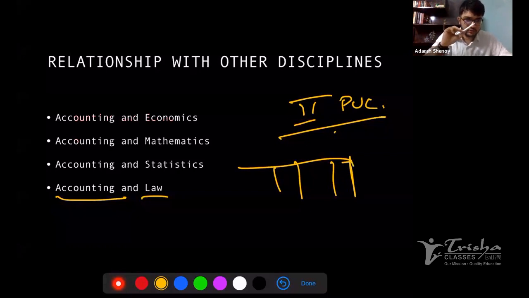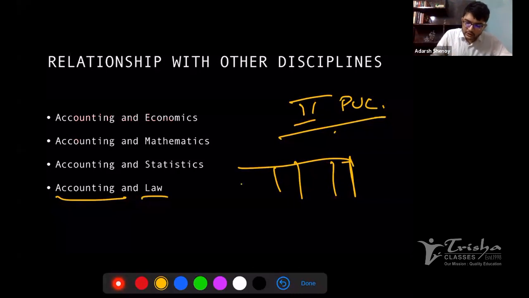The Companies Act 2013 says that in the case of a company, you should draw up the final accounts like that only. New financial statements have to be drawn up as per Schedule 3 only. So that is why we drew it like that.